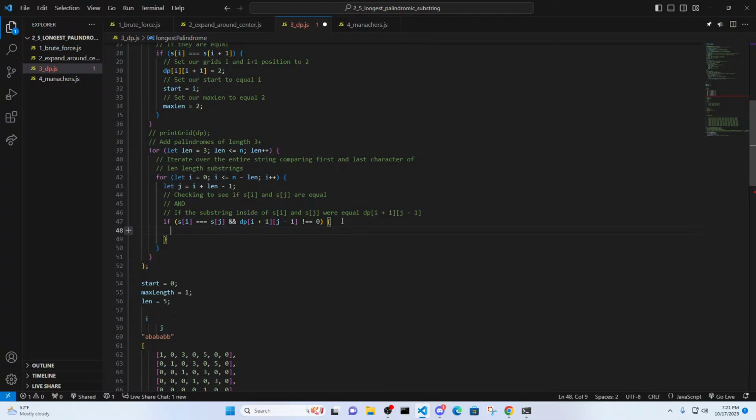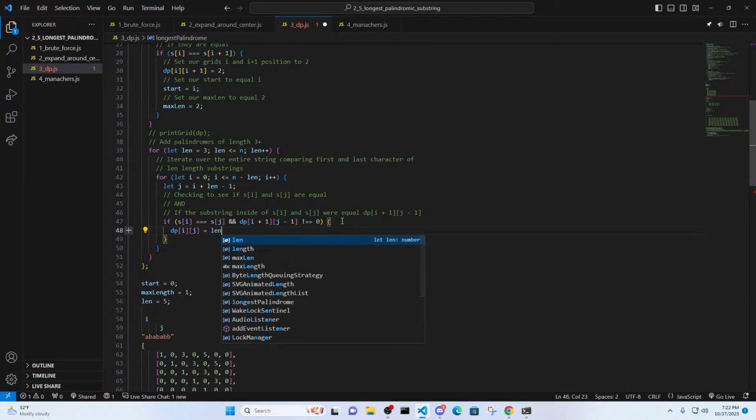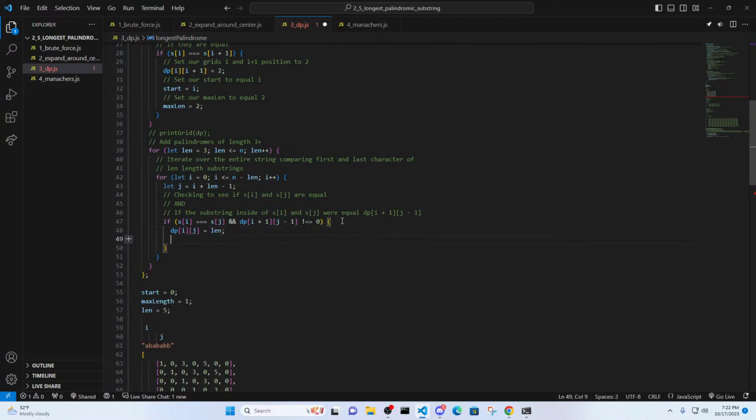I think JavaScript takes 0 as false. Yeah, exactly. And then if they are equal and the internal characters are also a palindrome, then you just set dp[i][j] to length, and then you check to see if the length is greater than the max length we currently have stored.